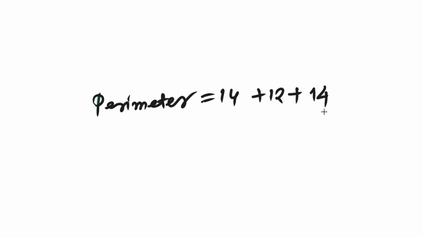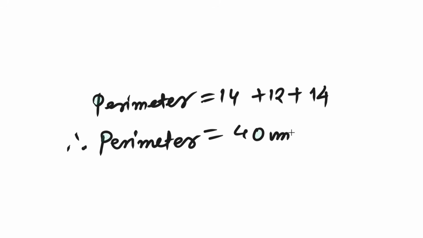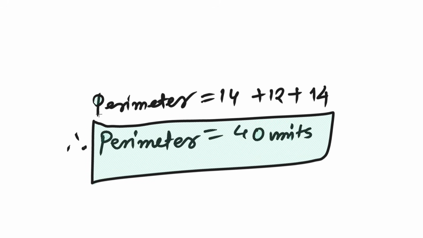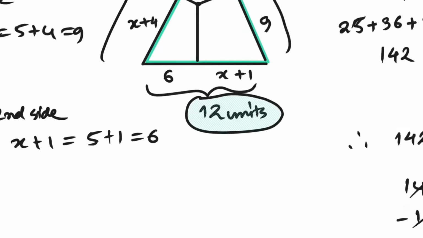So we have perimeter equals 14 plus 12 plus 14. Adding 14 and 12 gives 26, and adding the remaining 14 gives 40. Therefore, the perimeter of the triangle is 40 units. That is our final answer.